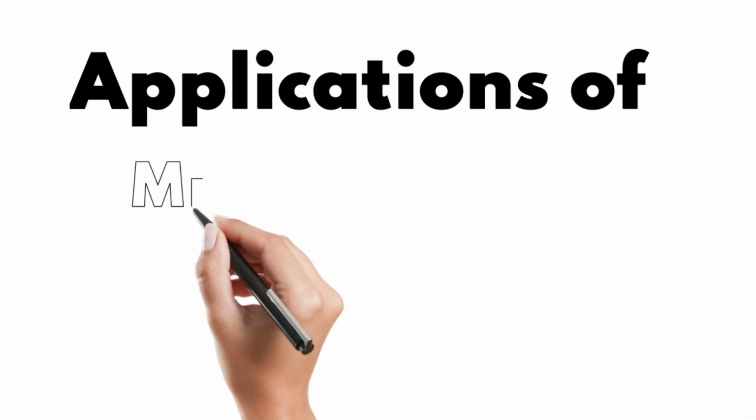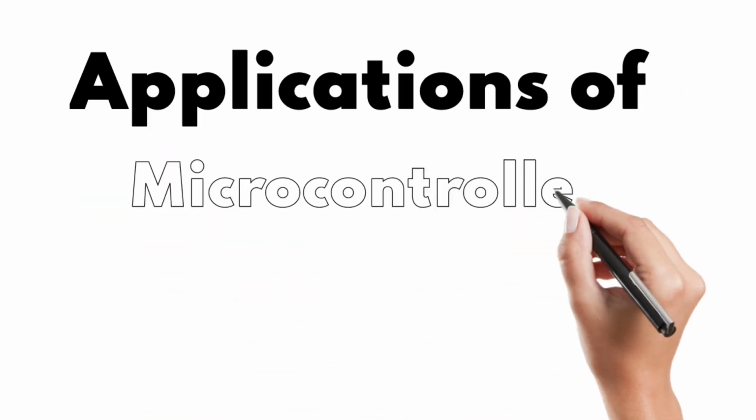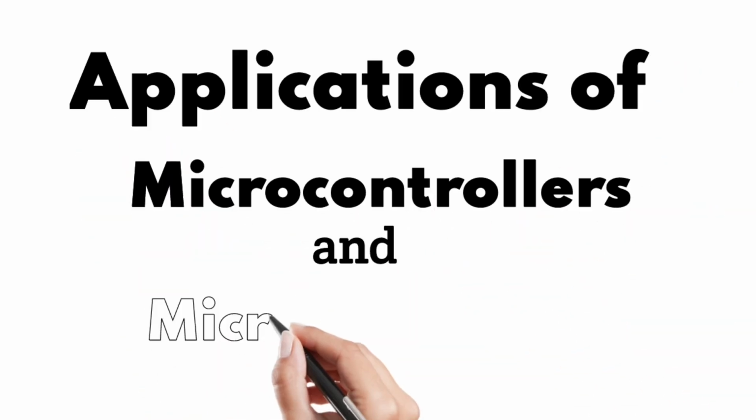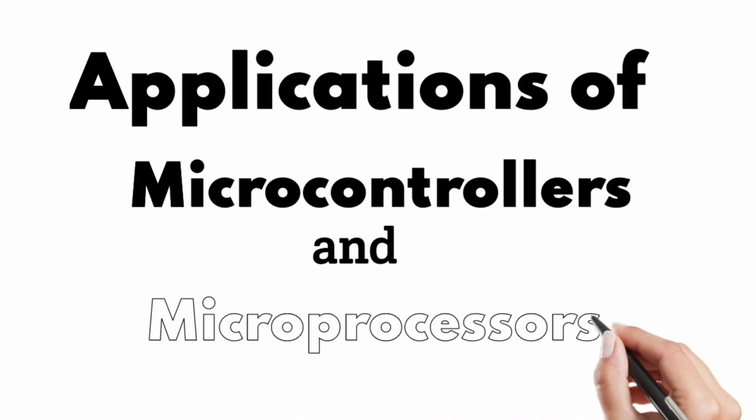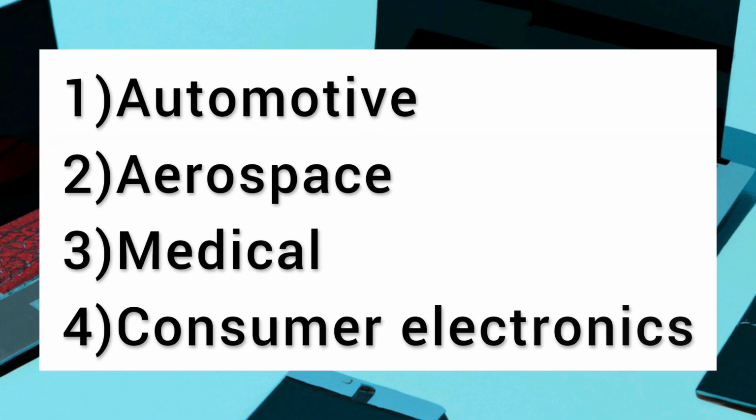So, friends, if I'm talking about the applications, microcontrollers and microprocessors have a wide range of applications in various fields such as automotive, aerospace, medical, and consumer electronics. Some examples include automotive, where there are engine control units, airbag systems, and anti-lock braking systems.